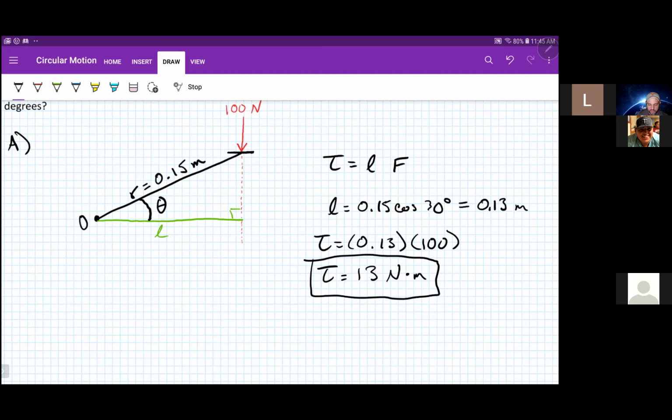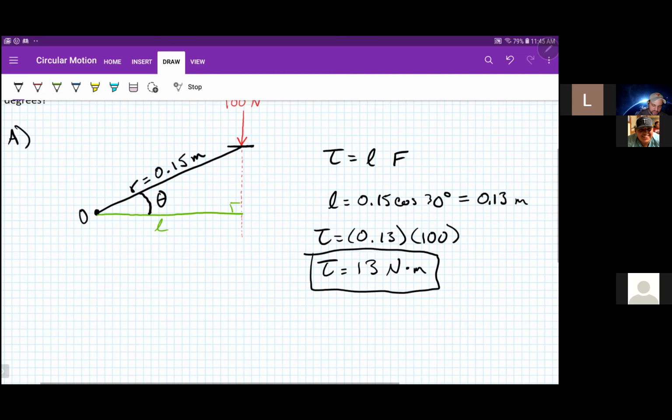And so just to say it again, I don't want to use tau equals R times F in this case. I could, but the problem is a little bit more difficult for R because I'd have to figure out the angles and do a whole lot more geometry to figure out what the components of this 100 Newton force are. I would have had to set my coordinate axis along R and figure out those angles based off this angle here.